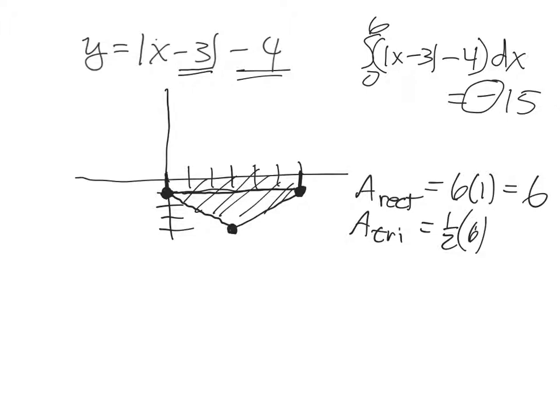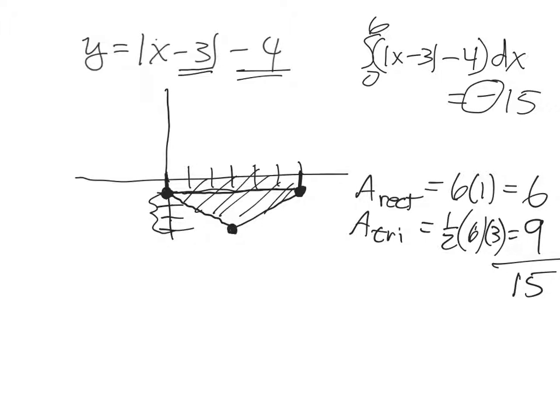What's the height of this? Okay, the height is actually just 3. So 1/2 of 6 is 3 times another 3 is 9. Add these two together. The area of that figure below the x-axis is 15.